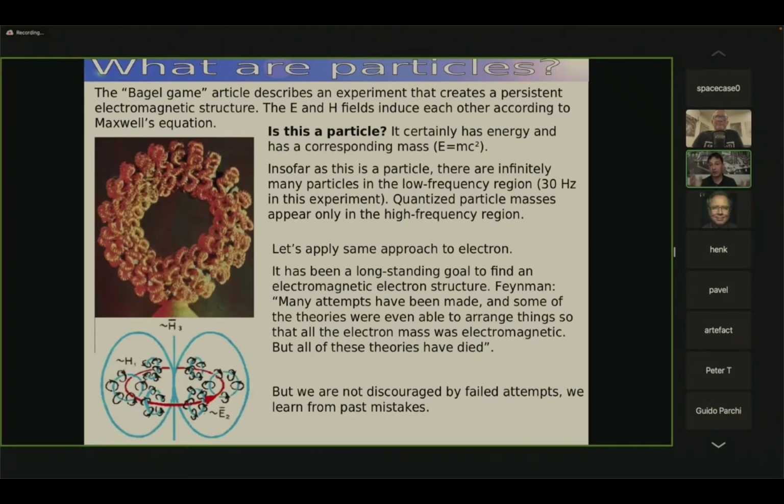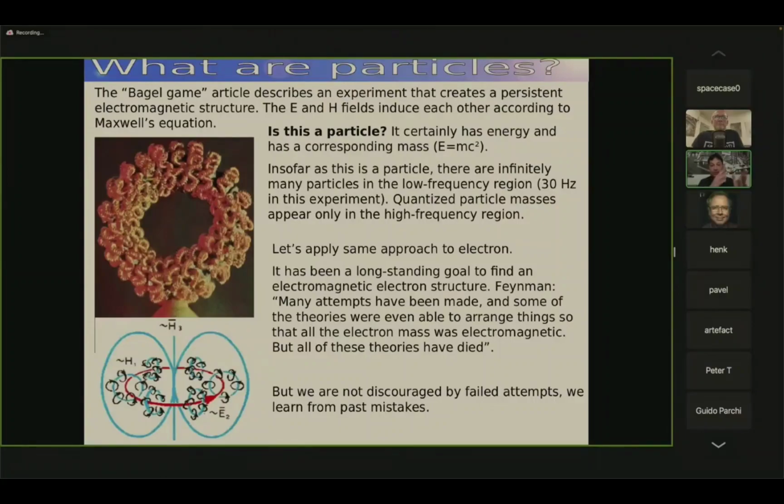So it means that in the low frequency region, if this is a particle, there are perhaps infinitely many particles. And then the quantized particle masses that we are familiar with only appear in the very high frequency region, and we will see the electron frequency a bit later on.